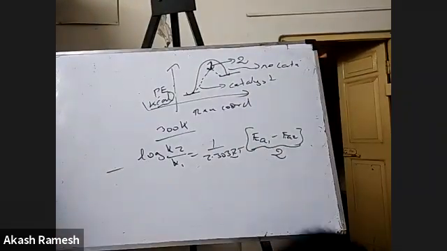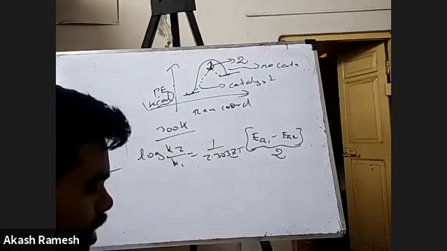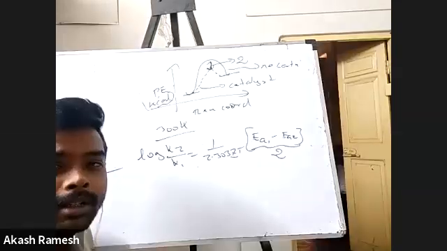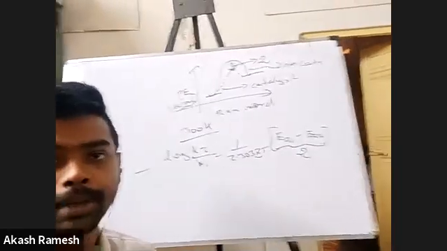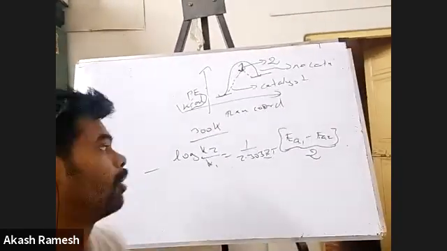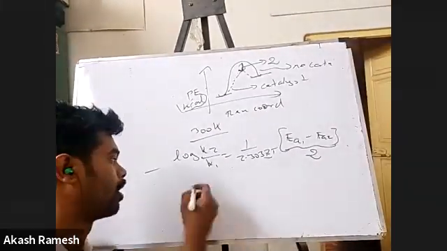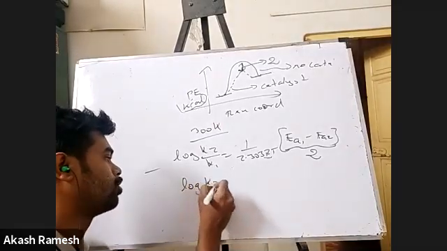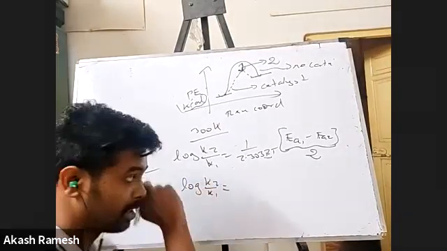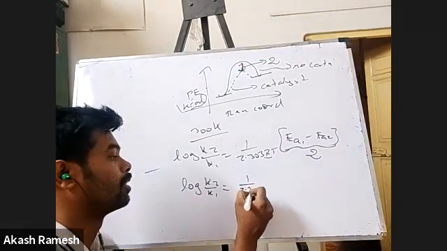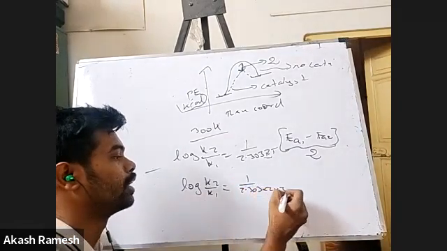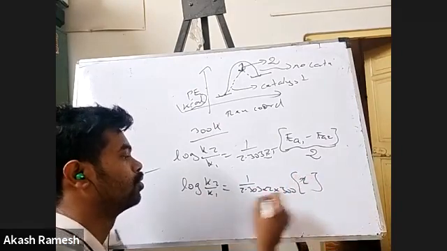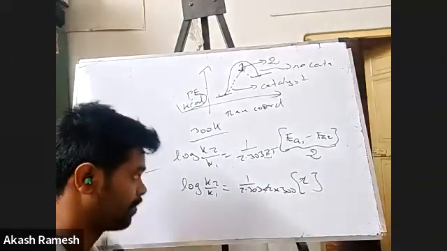Actually, they should have given you some anti-log values here, but in this question it's not given, so you don't have to worry. Whatever the log value, keep it in terms of log. Say I'll write log of K2 by K1 is 1 by 2.303 into 2 into 300 into 2. 2 and 2 get cancelled.